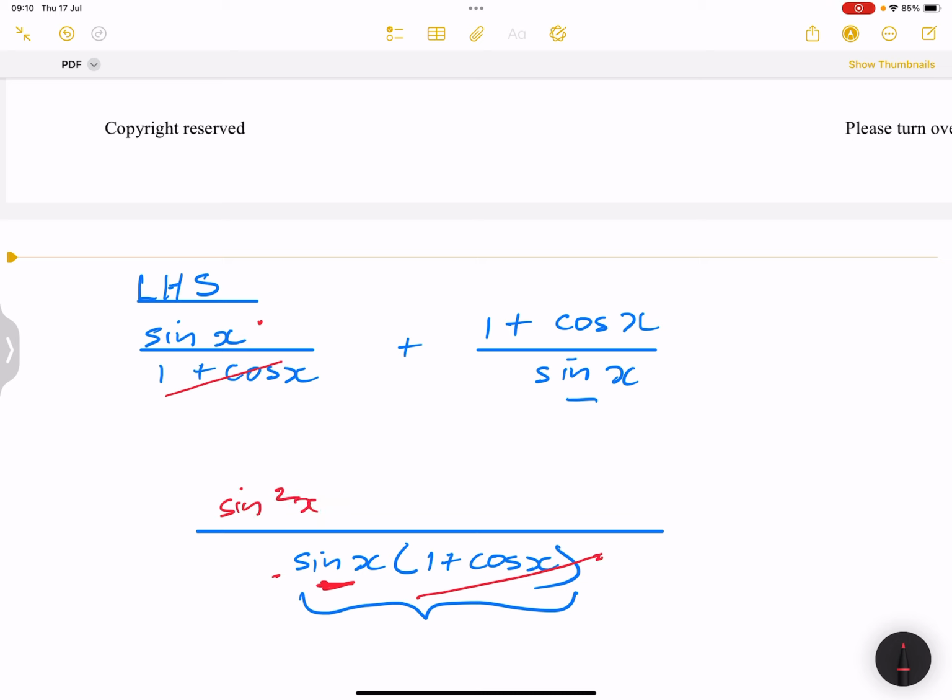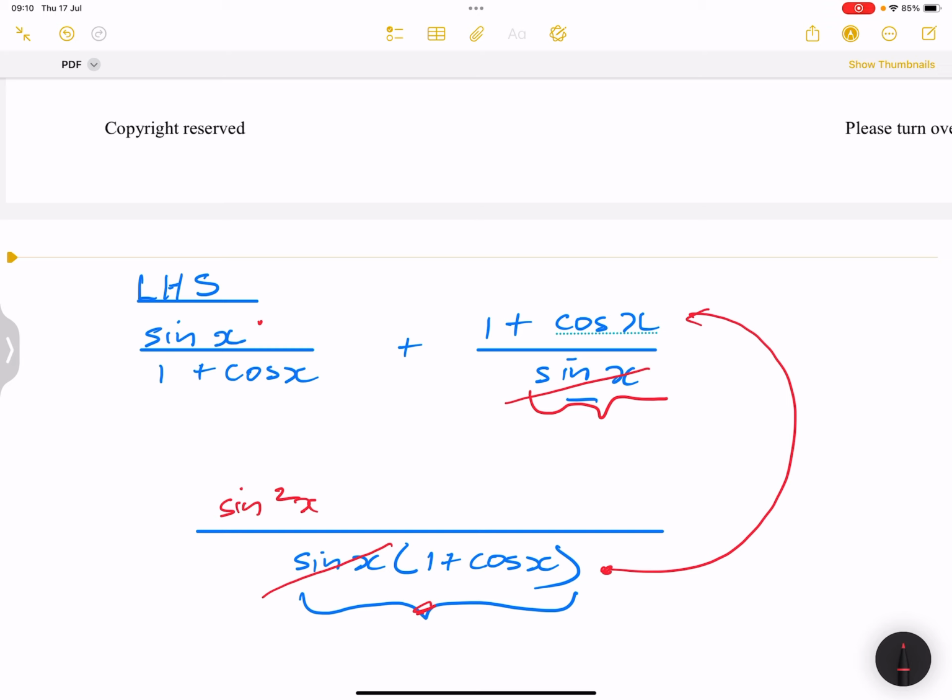Now for the next fraction, I would say LCD divided by that denominator. So the sine x as well as the sine x cancel. Then I would have 1 plus cos x left, but I multiply that by the 1 plus cos x. So this will also be 1 plus cos of x squared.